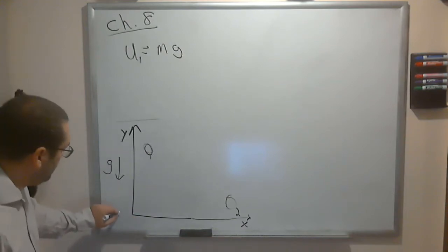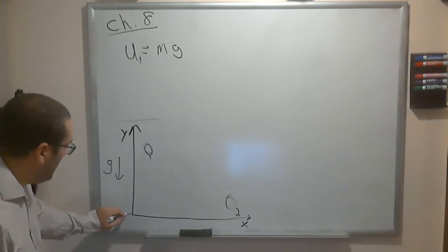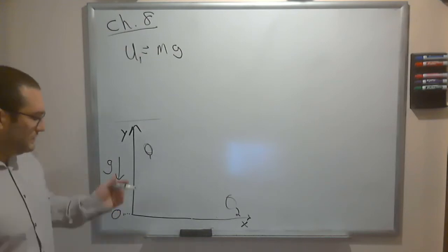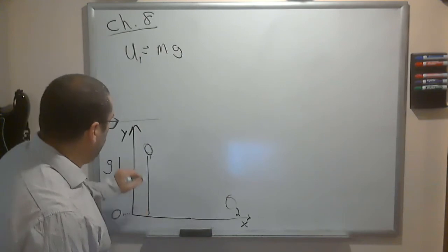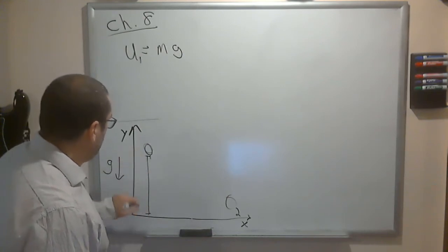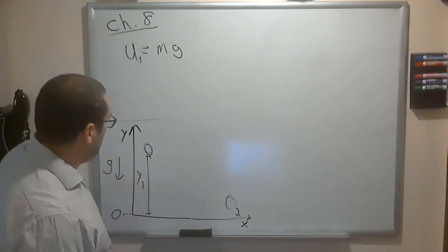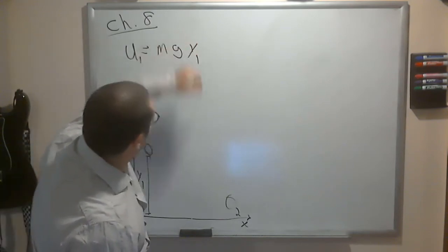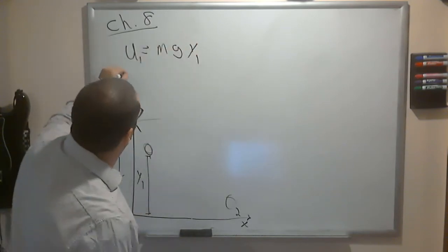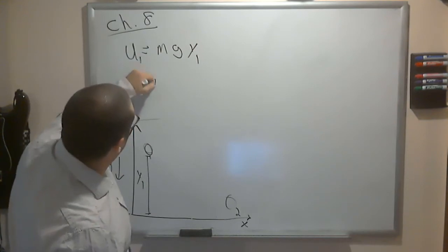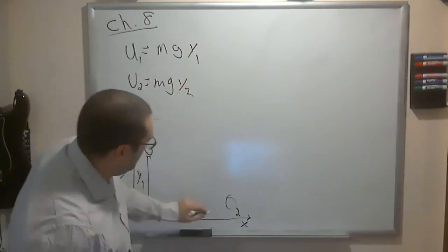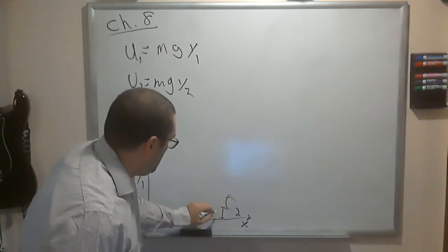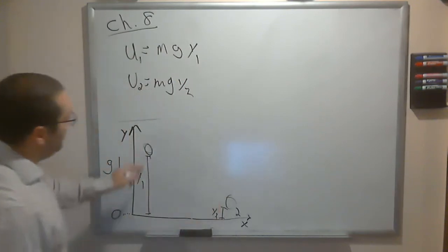So let's say that we define the 0 point as sea level. So we have this as y1, so this is mg y1, and then over here, U2 is equal to mg y2.